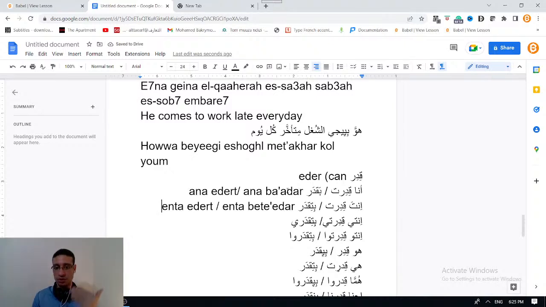Try to pronounce these verbs with me so that you can use them, make simple sentences with them and practice them. So أنا قدرت. أنت قدرت. أنت بتقدر.